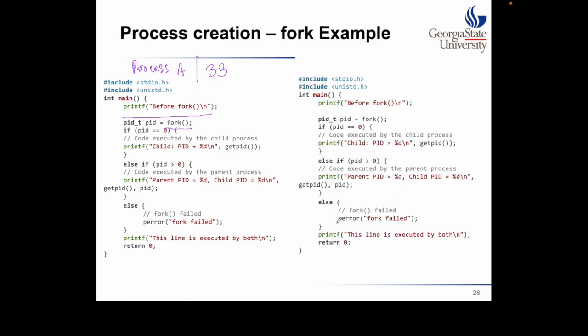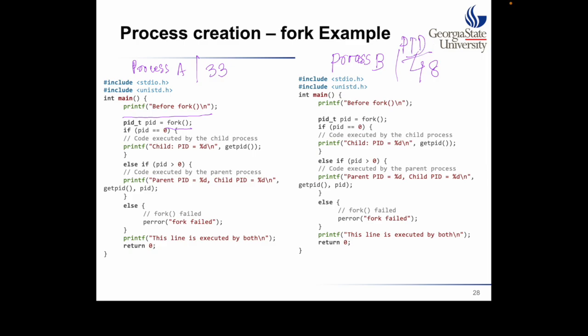So this is the child process. Let's name it process B, and each time a process gets created, it receives a new ID. Let's say the new process ID is 48.